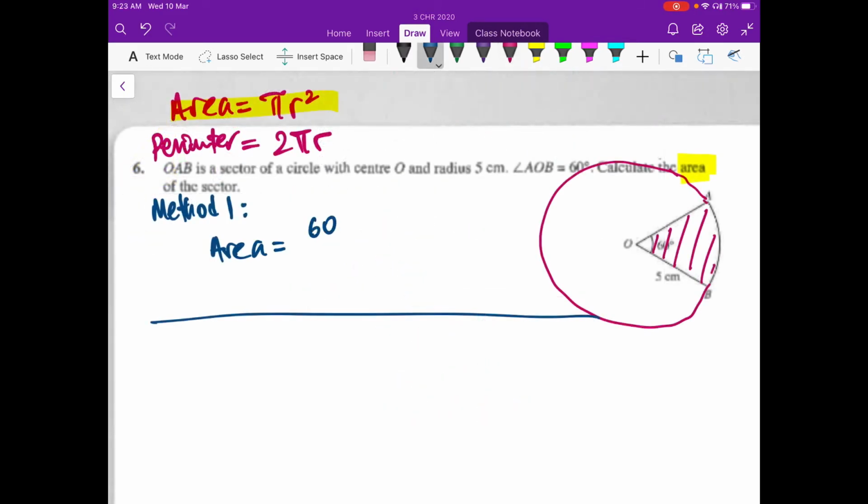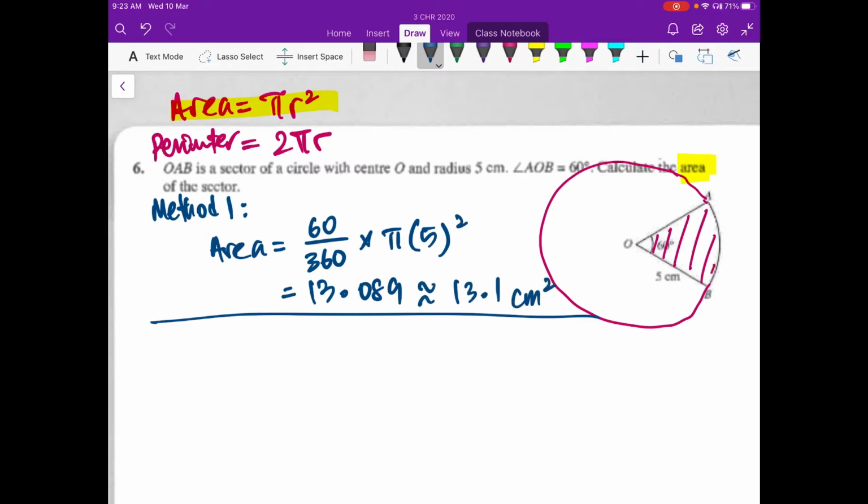Will be 60 out of 360 times pi r, which is 5 squared. And you get the answer. The other method: 360 degrees, that's the entire circle, represents pi r squared.